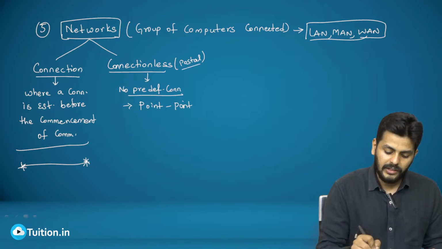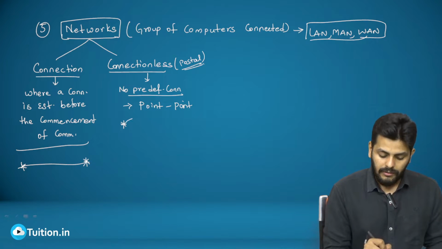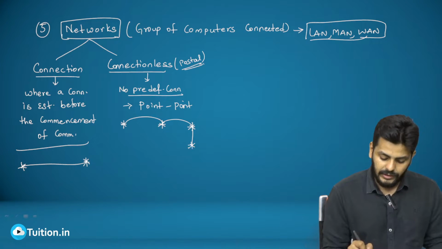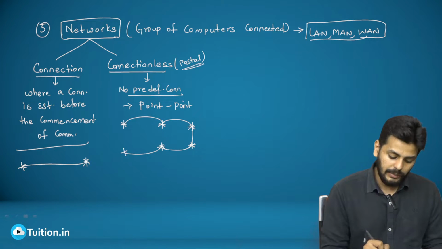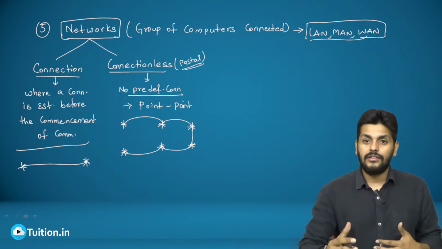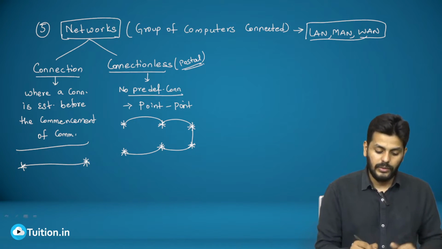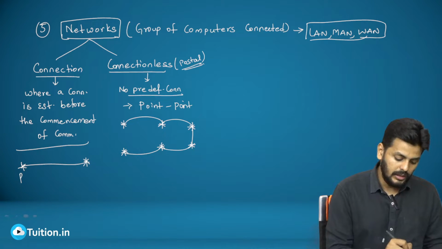The best example of connectionless networks is the postal system, because first you post it in your post box, from there it goes to the local post office, then to the head post office, then to the other city's head post office, then to that city's local post office, and then to the person you sent it to. At every point it is establishing the next destination where to go.